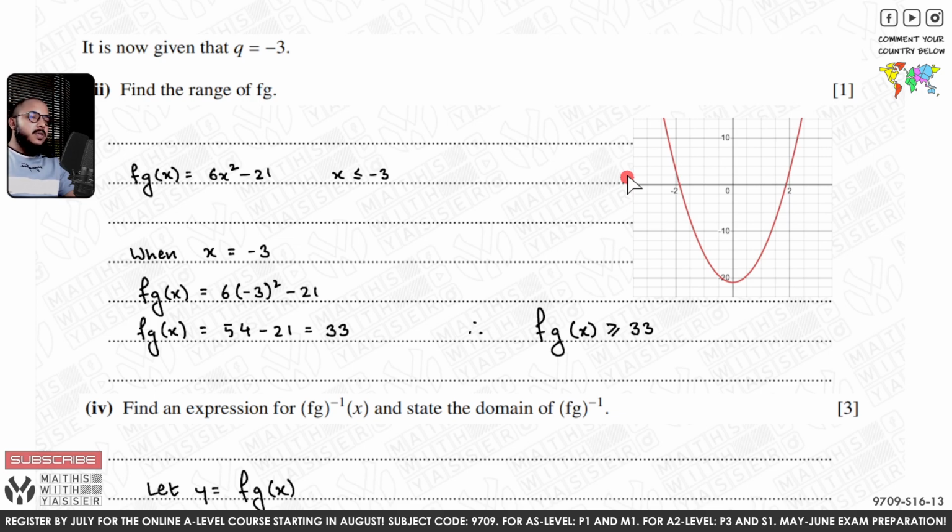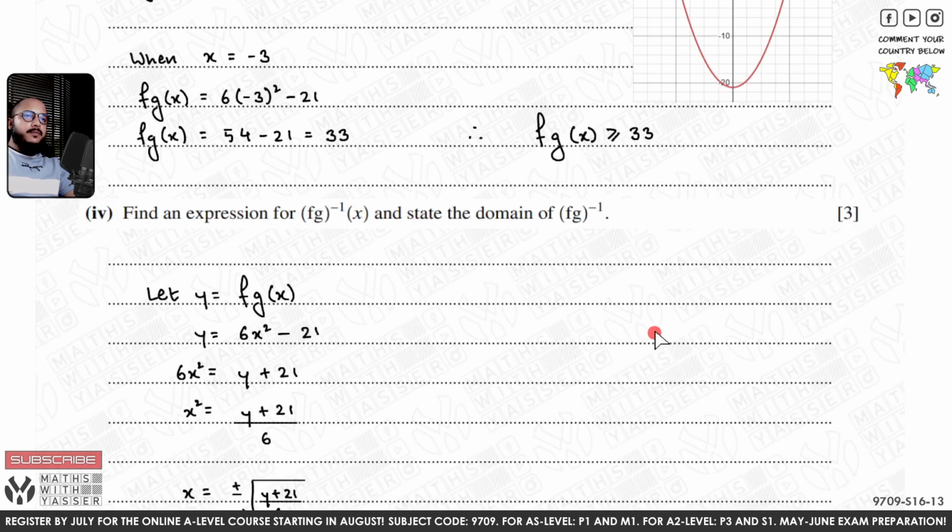So since this is a positive quadratic equation, it will definitely be a U-shaped graph, and it's going upwards. From -21, it's going upwards. So for -3, it will be here somewhere. Still, the graph is going upwards. That means the range is greater or equal to 33.